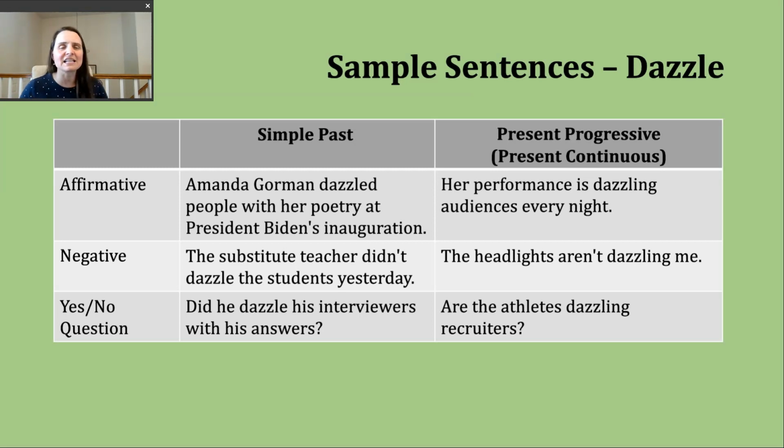Many high school athletes have a hope of being able to play in college or play at a professional level. And so there are these scouts or recruiters who watch, and they're looking for people with specific skills or certain abilities. And so many times the athlete is hoping that they are impressing that recruiter or scout.